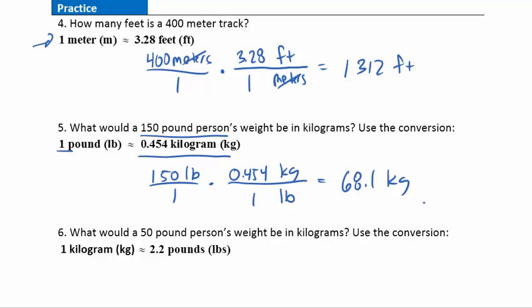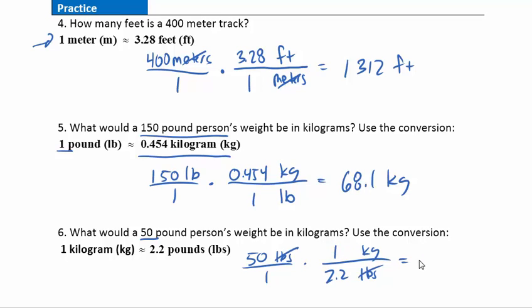All right. Question 6. What would a 50-pound person's weight be in kilograms? Now we're going to use this other conversion. The last one took pounds to kilograms. This one takes kilograms to pounds. So we're mixing it up a little bit. 50 pounds over 1. We still want pounds in the bottom and kilograms in the top, except now we're going to use that 1 kilogram is 2.2 pounds.